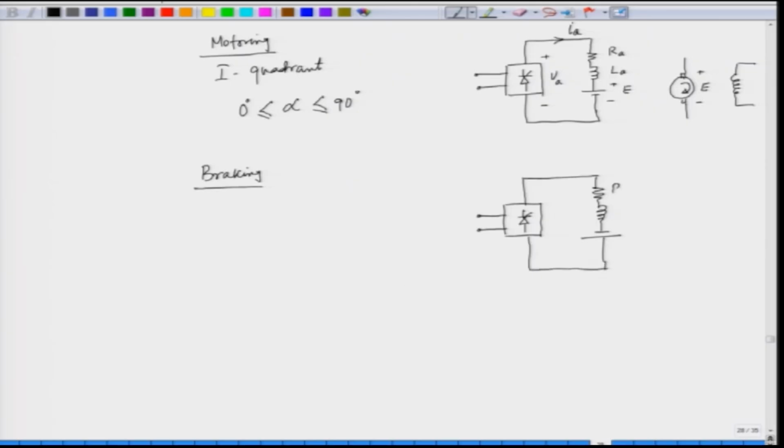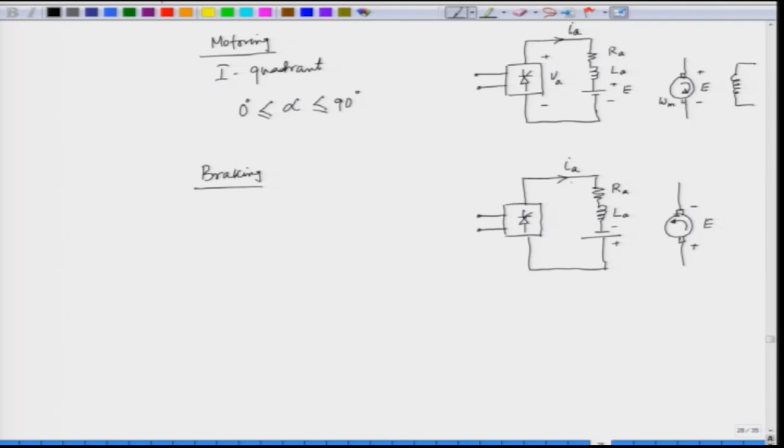So, this is the resistance and the inductance, and how does the back EMF reverse? The back EMF can reverse provided we have a negative speed. So, if this is omega m, this speed is opposite of that. The speed is negative and the back EMF has reversed with this minus and this plus, and the current is always into the motor, that is I A, because we have a unidirectional converter.